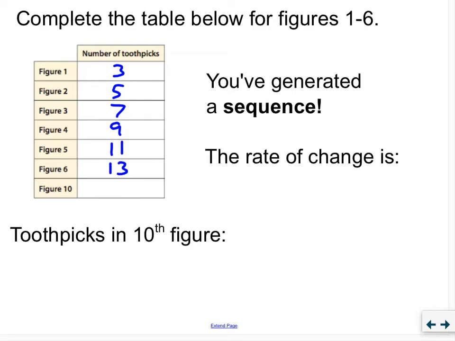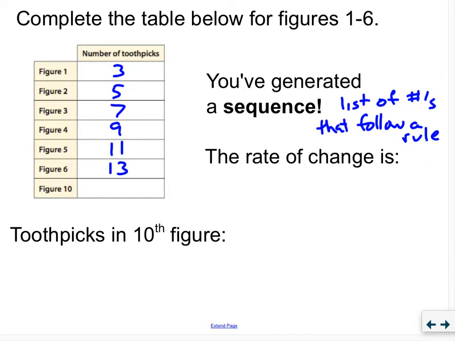So what you've just generated is called a sequence. A sequence is a list of numbers that follow a rule. So there's a certain rule that generates a sequence.